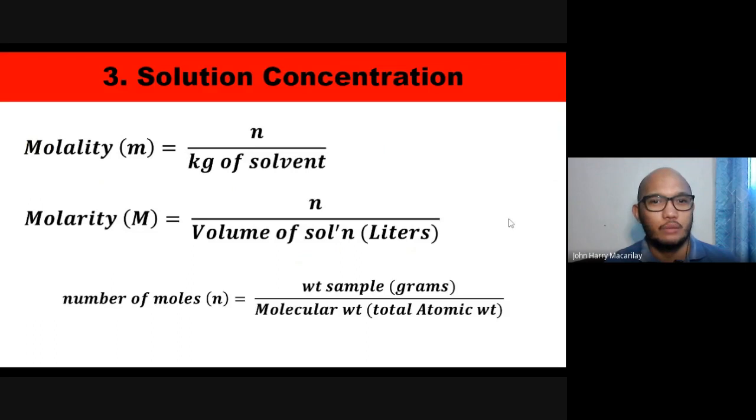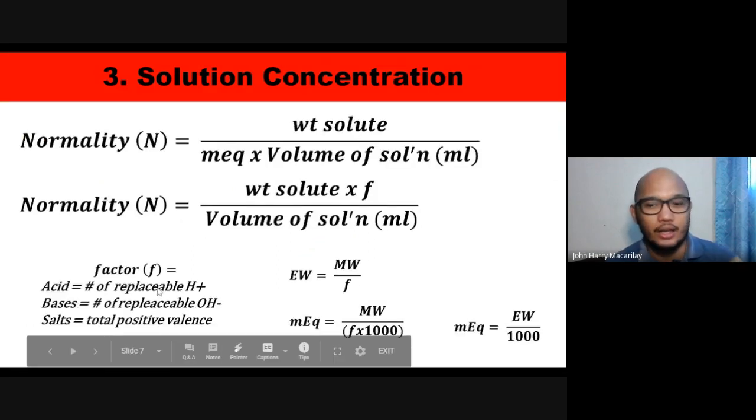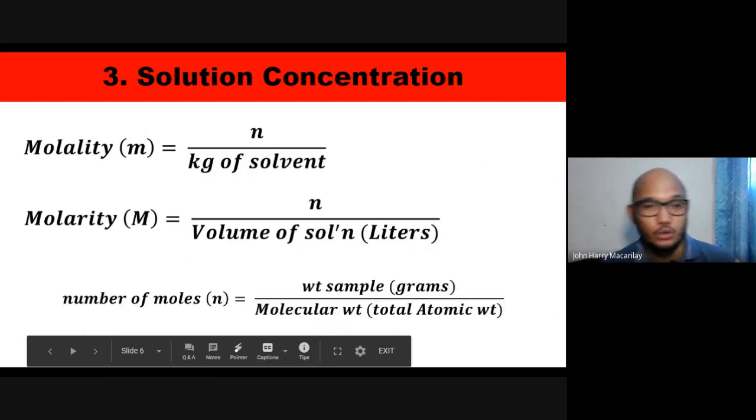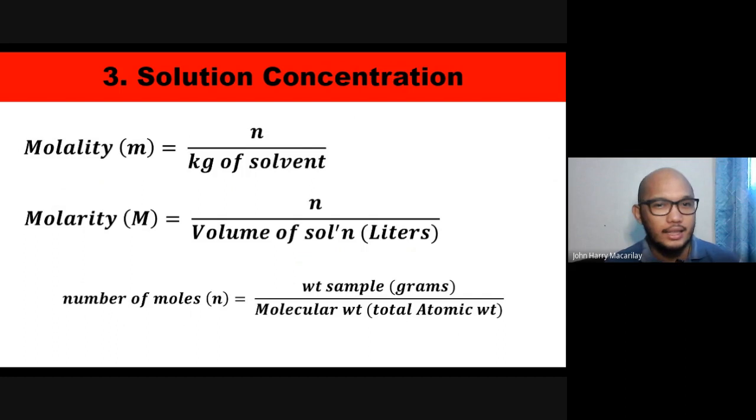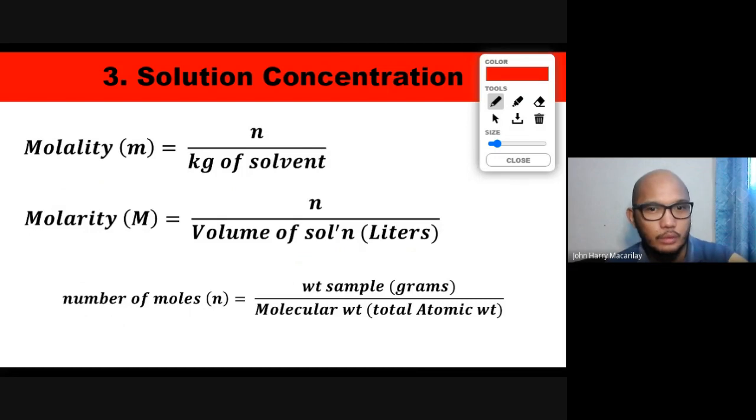Next part, you have the molality, molarity, and you also have the normality. These are very important concentration expressions for solutions. For molality, it has a symbol of small letter m. It is the number of moles per kilogram of solvent.